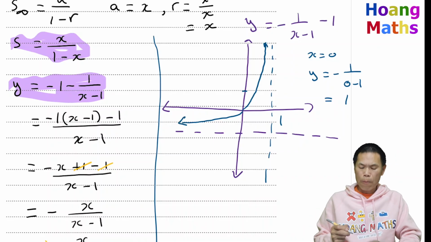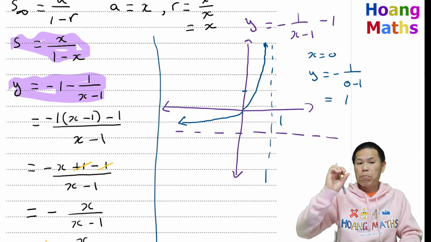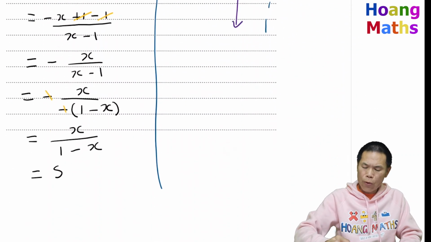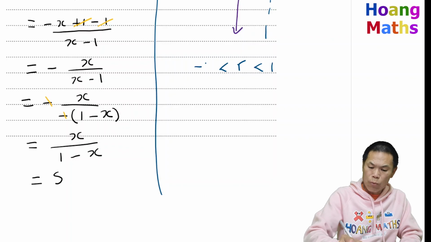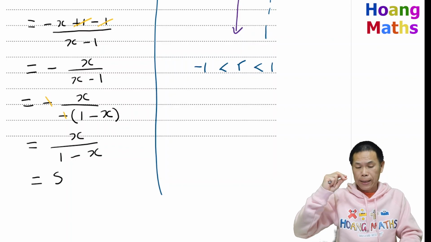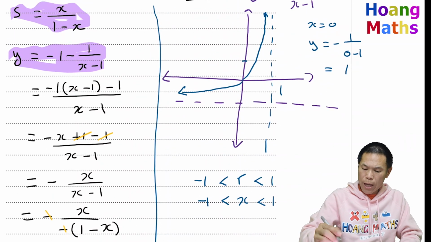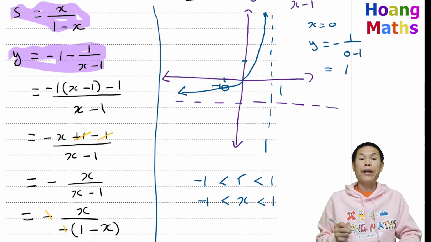So there you go. And we know that for the limiting sum, r must be between negative 1 and 1. Keep that in mind. But r is x in this case, so x must be between 1 and negative 1. In other words, when x is negative 1, we need to find out the y value here. We can substitute into either this function or this function, it doesn't really matter.